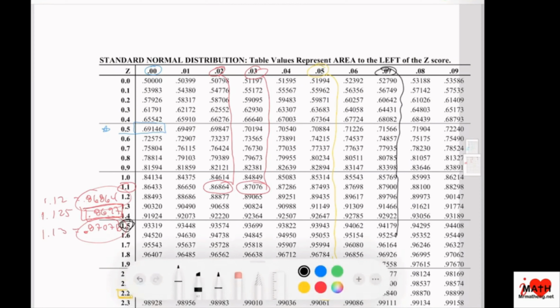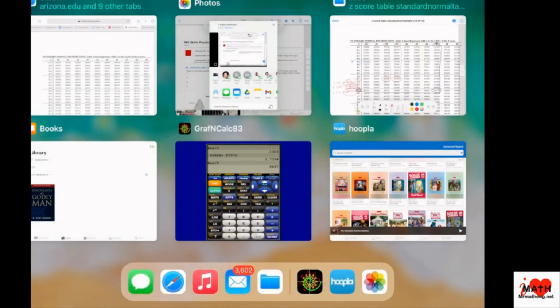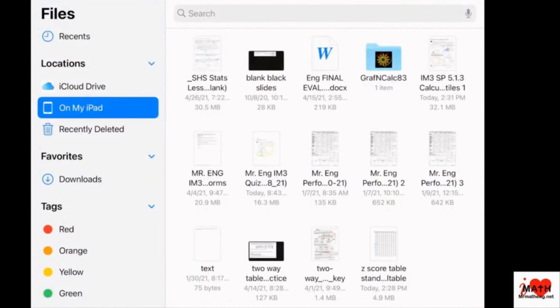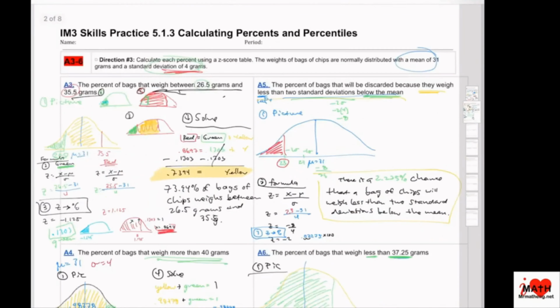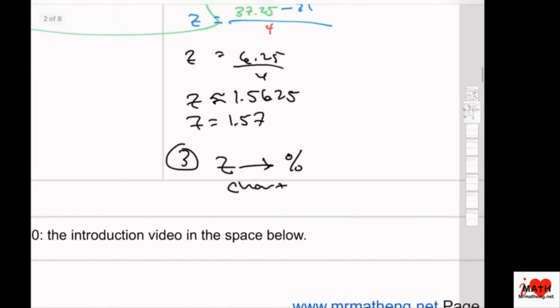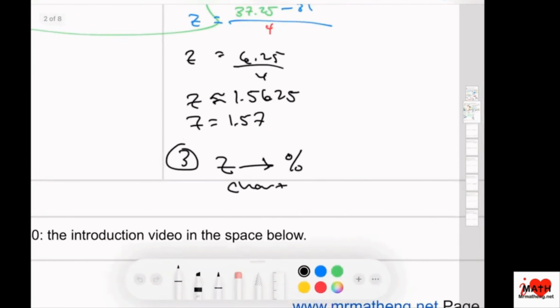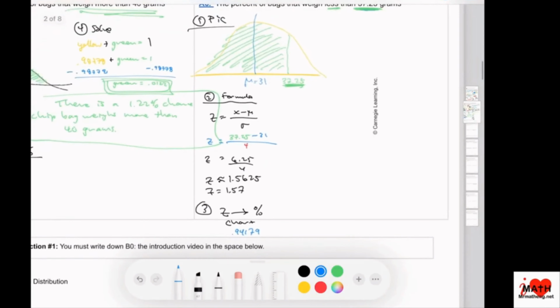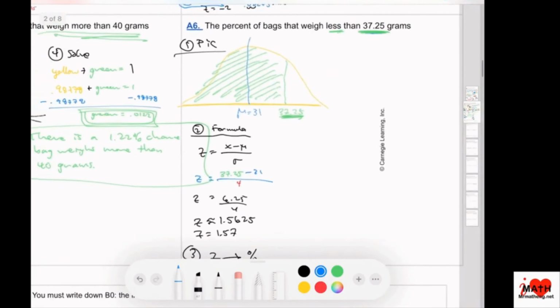So down here, let's write that number down, 0.94179. All right, our value is 0.94179. Okay, so that is the green area.